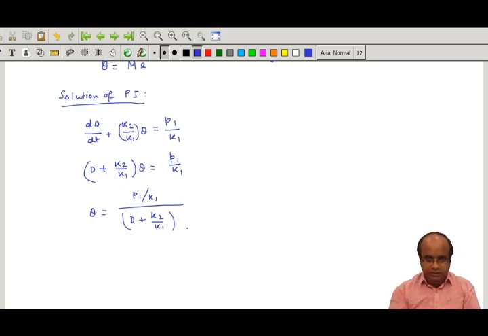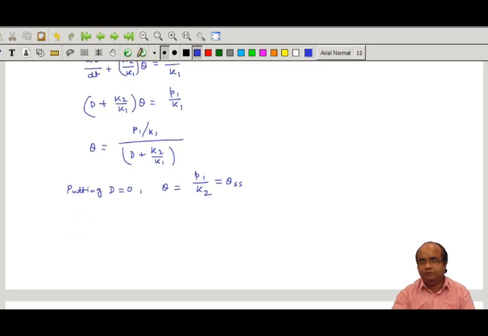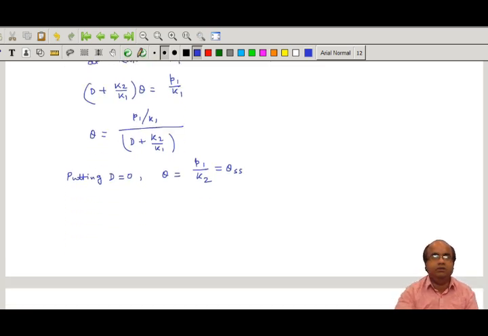Now putting D equals 0, K1 will be cancelled out, theta will be P1 by K2, which equals theta SS, the steady state value. This is the steady state value of the temperature.